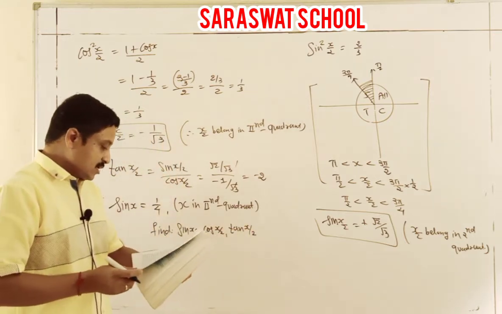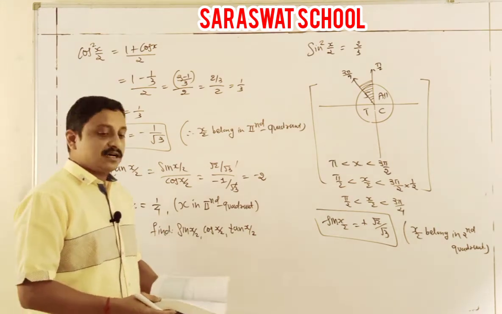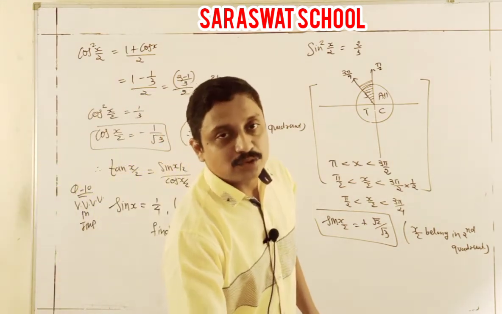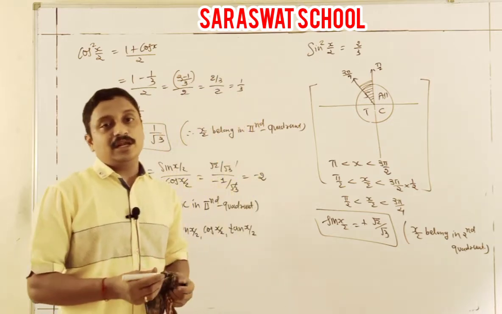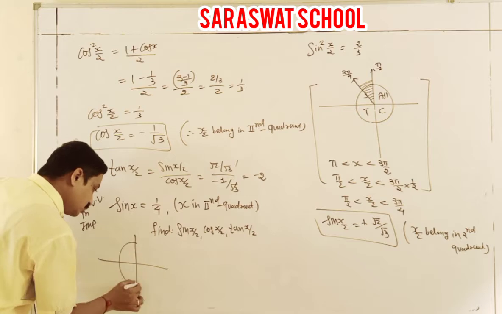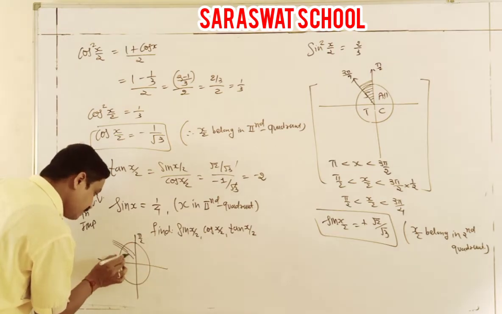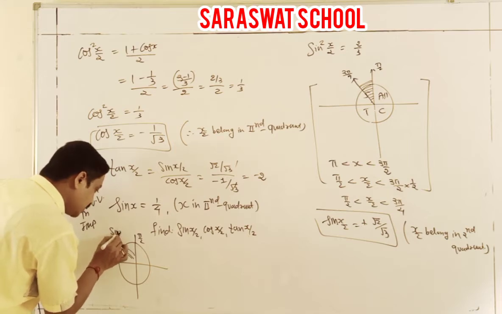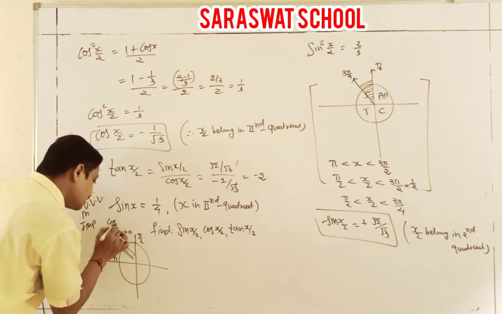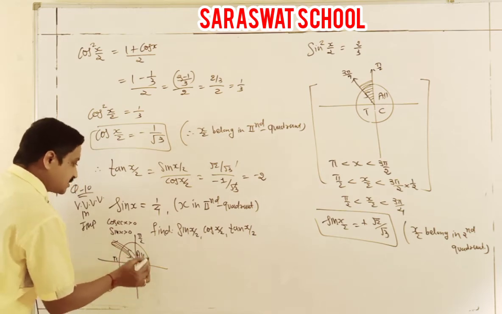One more time, repeat: our sin x is given as 1 by 4 and x lies in the second quadrant. Students, this numerical is really very important. Second quadrant means you are here again. I am showing pi by 2 to pi, this degree. And here sin x is positive, cosec x is positive, but all others are negative according to all STC.